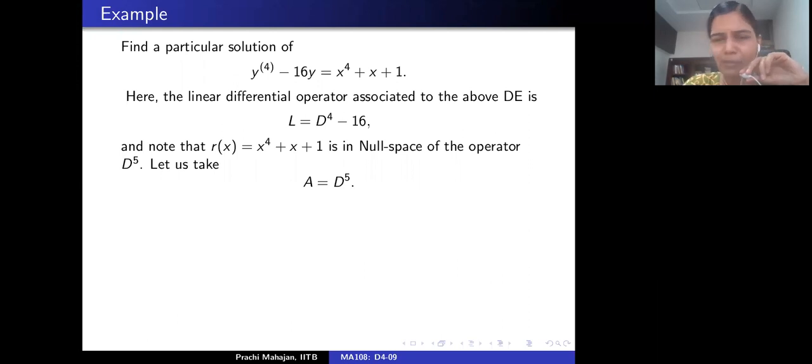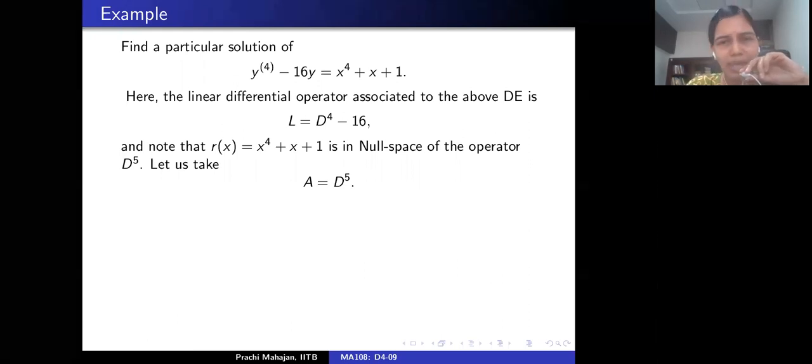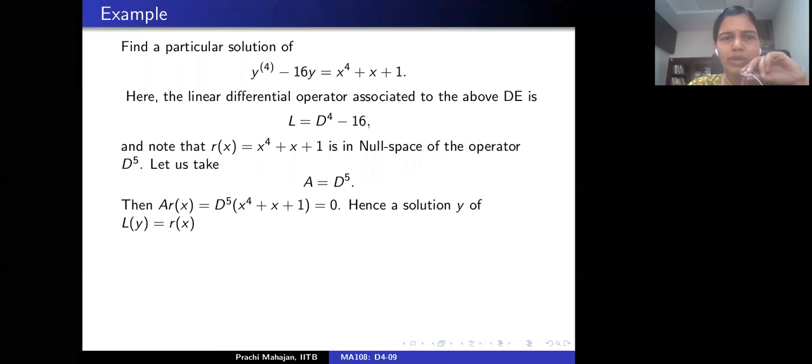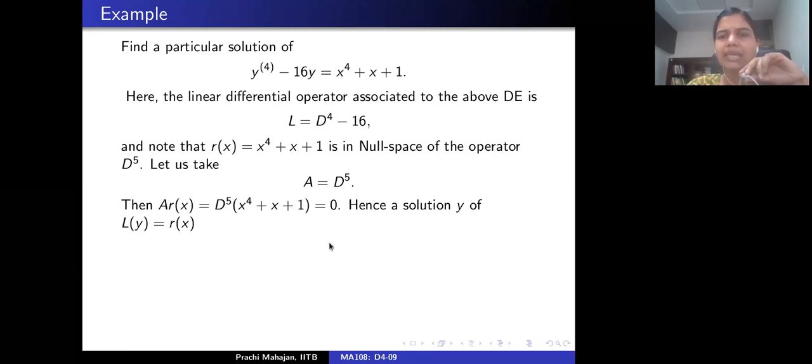Now, what is gained by introducing one more operator A? Let's apply A to R, which means I'm going to apply the operator D to the power 5 to this degree 4 polynomial. So R is annihilated by A. Y is a solution of Ly equal to R(x), so we need to find Y, a particular solution of the non-homogeneous equation.